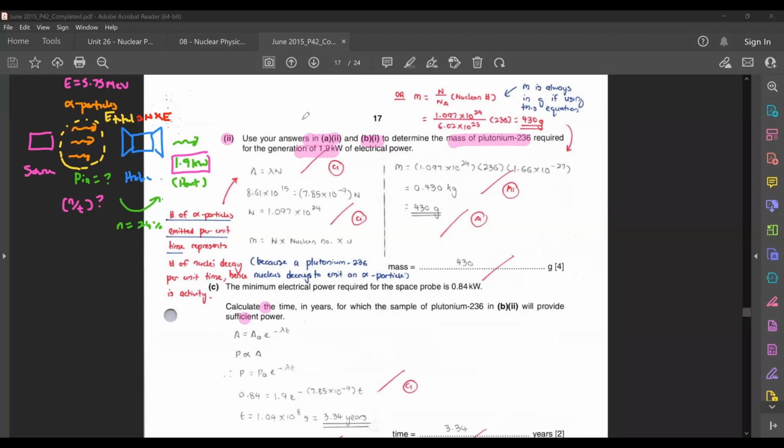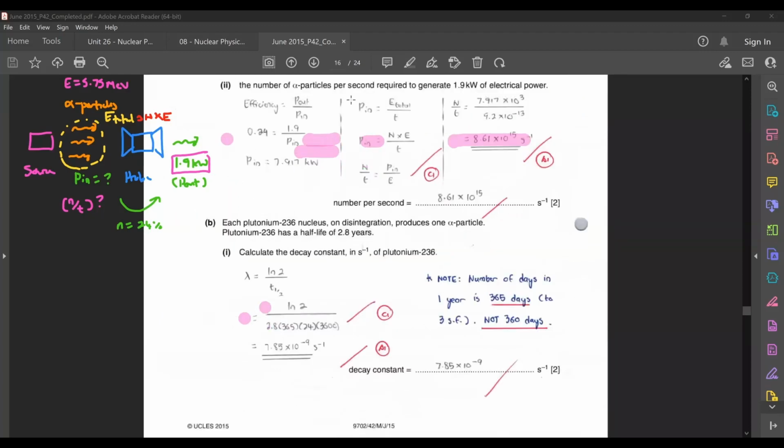So here, just one thing to note, it was already mentioned to you in the previous page. Each plutonium-236 nucleus on disintegration produces one alpha particle. So let's just work with that first. They mention one plutonium-236. Maybe I'll just try it as this. One plutonium-236 produces one alpha particle.